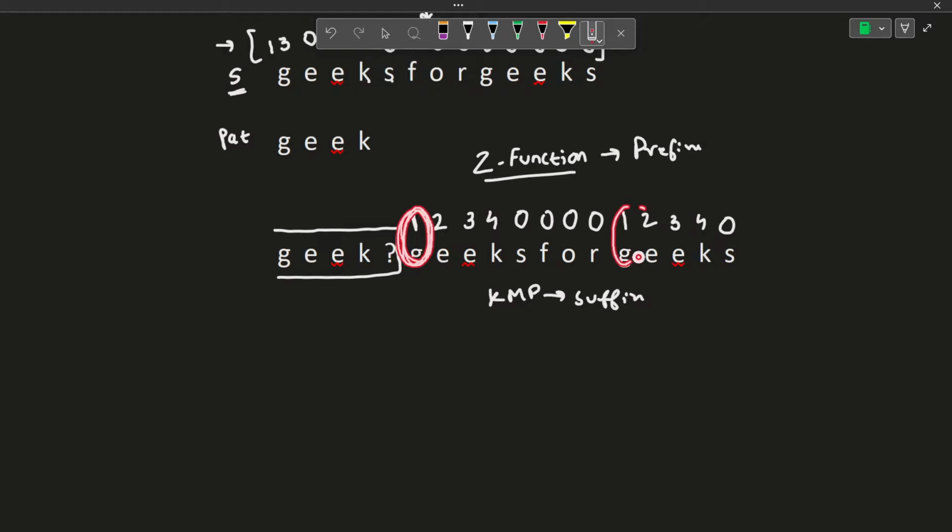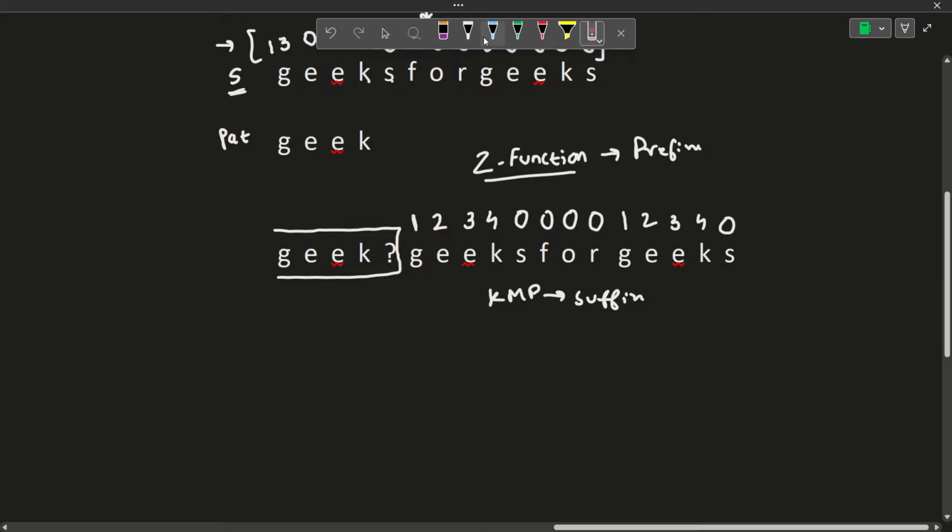So you will always have to subtract something from the position where you got this particular 4, right? In the z function, as soon as we were getting 4, we were taking that particular position only, because we know that our pattern starts from here. But for the KMP algorithm, we know that the pattern ends here. It is not the starting point. That is why we have to consider the starting point as our answer, right?